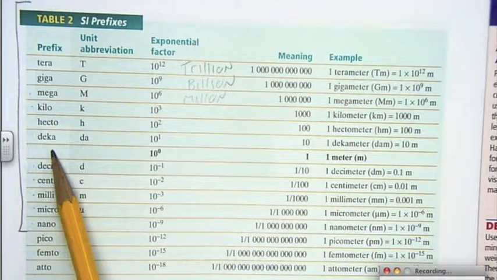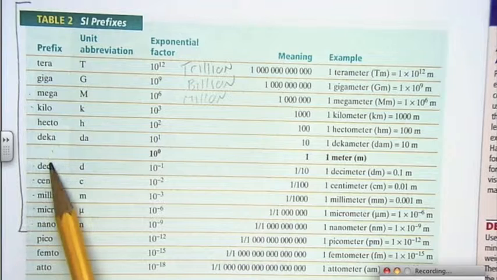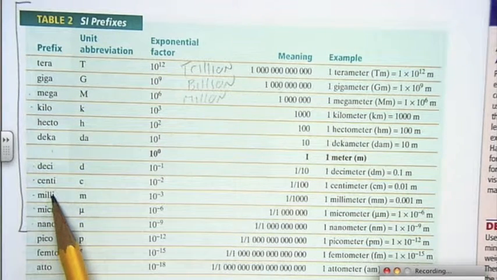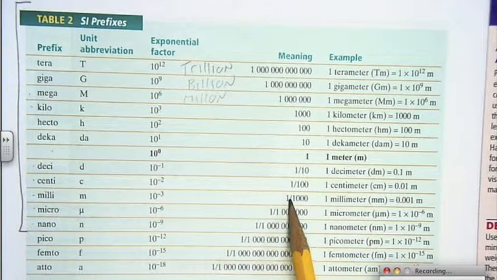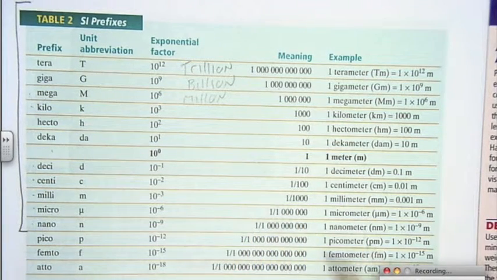And in our SI unit, gram is the base unit. So deci, centi, milli. Oh, okay, here's milli. Milli means 10 to the negative third, or 1,000th. So this is how I know that 1 milligram equals 1,000th of a gram, or 1 gram equals 1,000 milligrams.